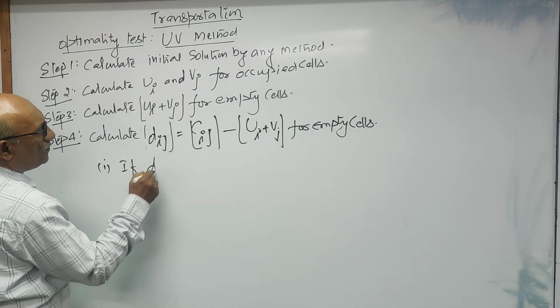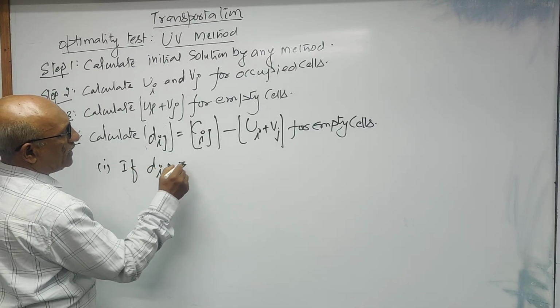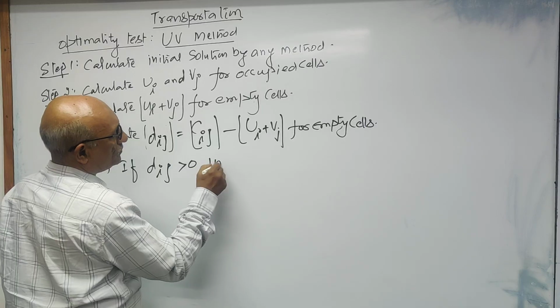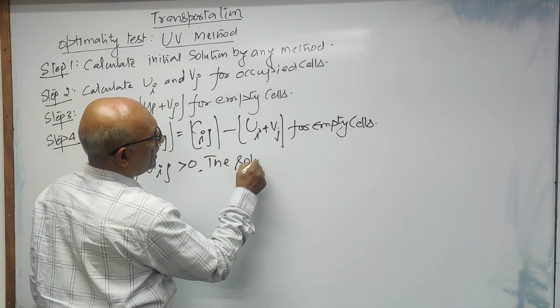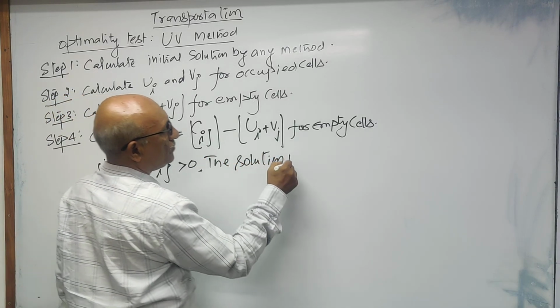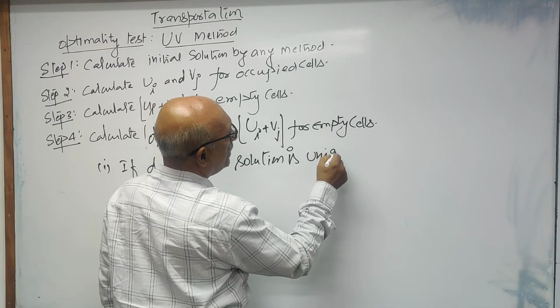If Dij values are greater than 0, the solution is unique optimal solution.